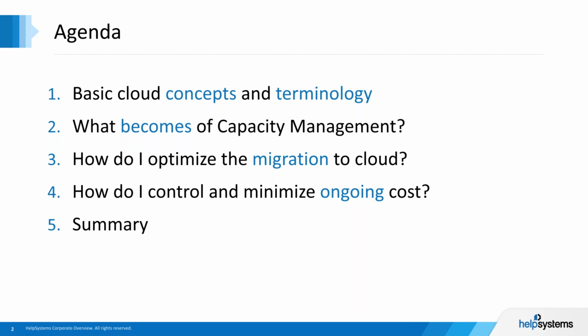And then I'll have a short discussion about how it changes capacity management, how it's impacted and what needs to be done different and what remains the same. And then we'll talk about the 2 big items around cost optimization. First, how to get to the cloud, so how to do the best migration over to cloud. And then once you're there, how you control and minimize ongoing cost once you're in the cloud.